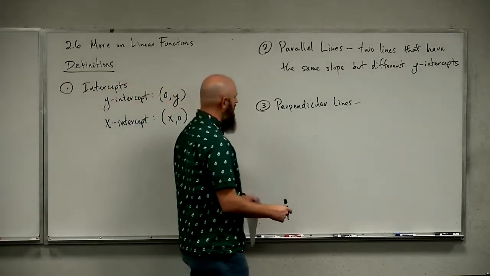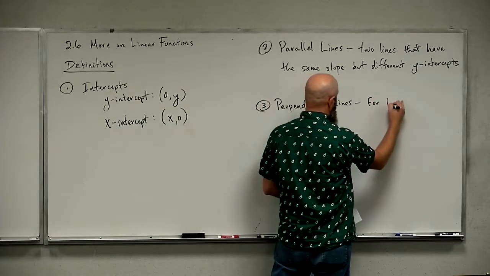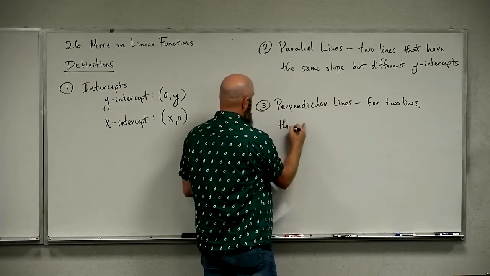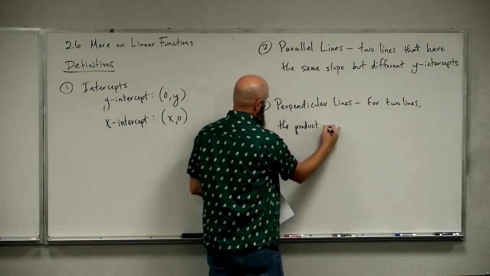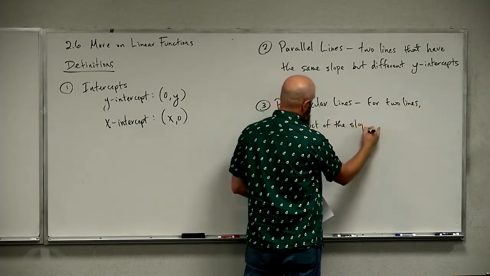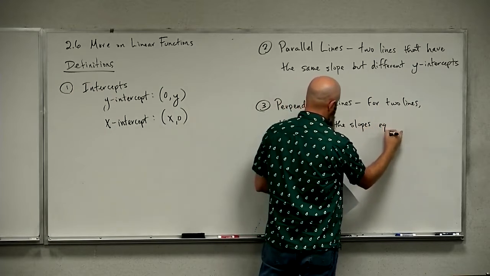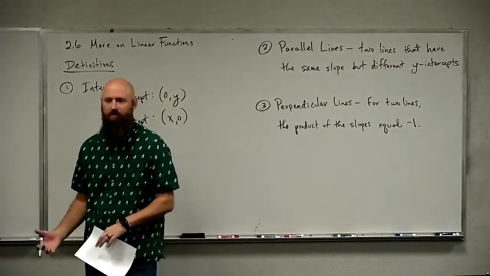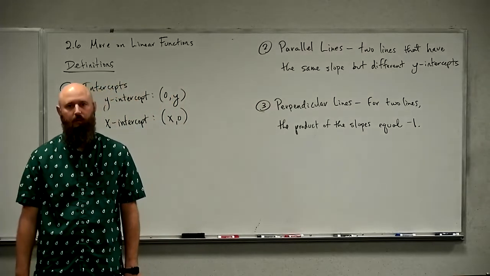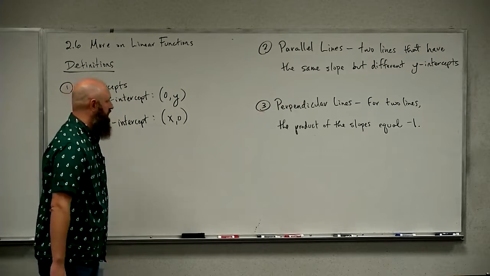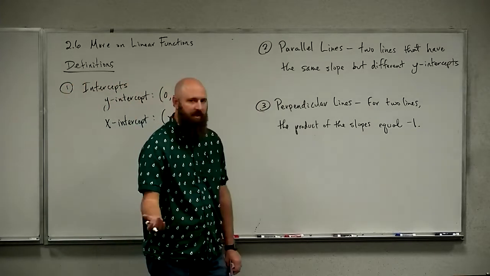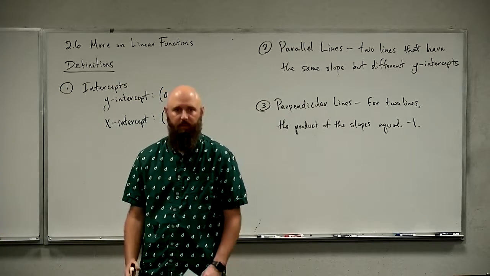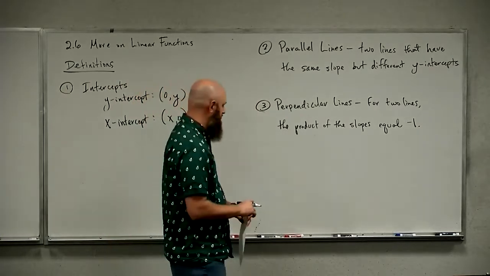Okay, and so our official definition here for 2 lines: the product of the slopes equals -1. Okay, so if we were to take the slopes of those 2 lines, multiply them together, we would see that it should equal -1. If it equals anything else, if it's +1, if it's some other number, then it's not perpendicular. Okay, and so we'll look for that piece in a little bit.